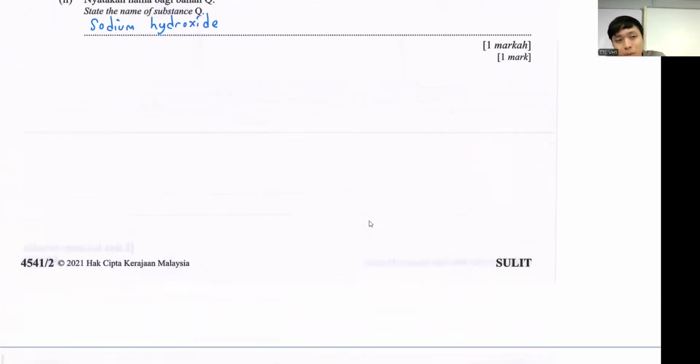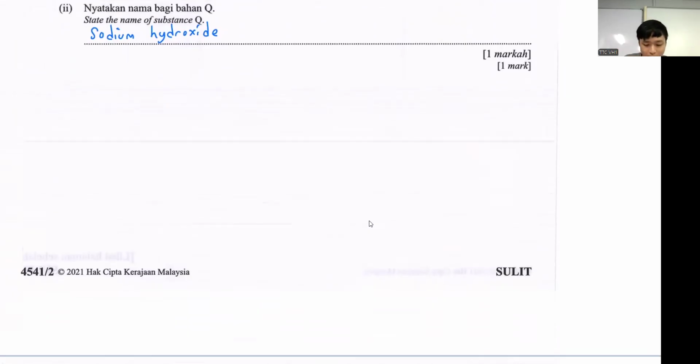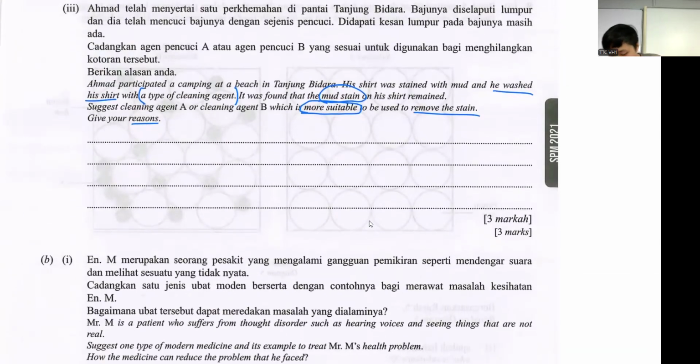So of course you use detergent the best because, very simple reason. When you use soap to wash in hot water, in acidic water, mineral water, it cannot wash off because it will form scum. It will form a white color precipitate. Okay. So yeah, you can just say here got 3 marks.